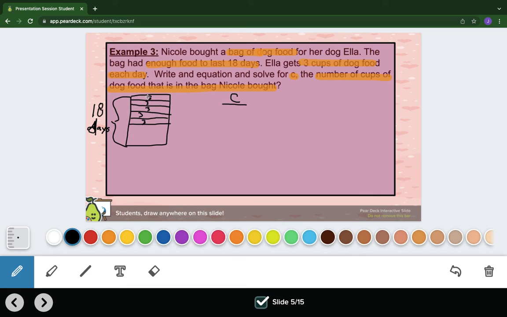I'm taking out a group of 3 each time. So that means I'm dividing that total by 3, and that should last me my 18 days. Now pause the video, solve it, and then move on to the next example.